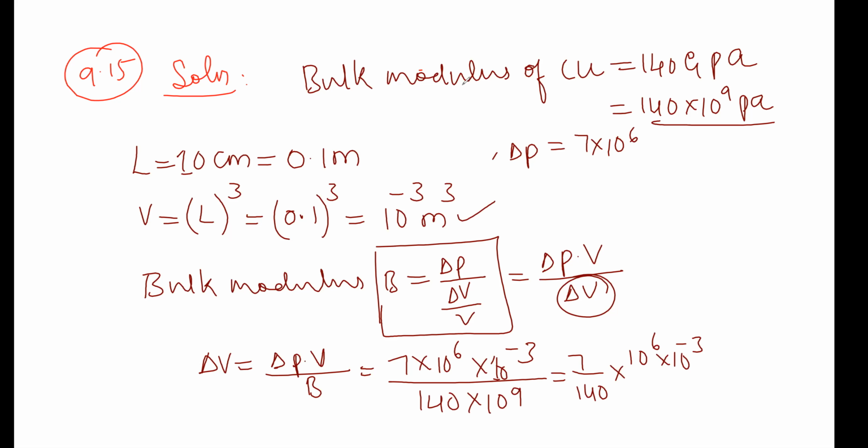This 10 to the power of 9, if you shift to the numerator, becomes 10 to the power of minus 9. Here, 10 to the power of 6 and minus 3, 6 minus 3 leaves 3. Again 9 minus 3 gives 6. Simplifying, we are getting 5 into 10 to the power of, so you can keep in terms of meter or in terms of centimeter.